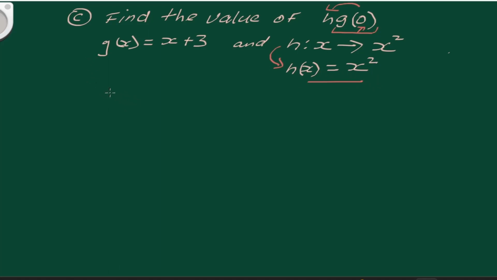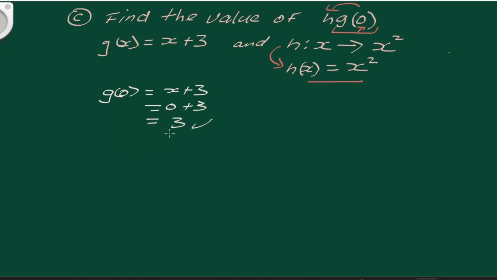So again, first of all, you're going to work out G of 0. 0 plus 3 equals 3. So G of 0 equals 3.